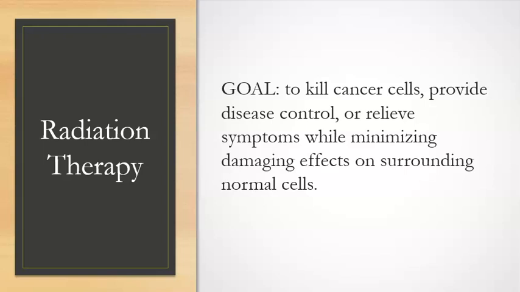We can use it to contribute to providing disease control, meaning we're trying to keep the disease from progressing. We don't expect that we're going to cure, but we can at least control or try and shrink the area to make it more resectable from a surgical perspective. Or we can use it to relieve symptoms, which, of course, you all know is a palliative intention.